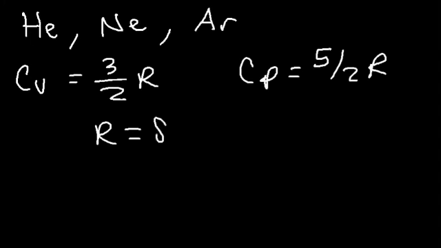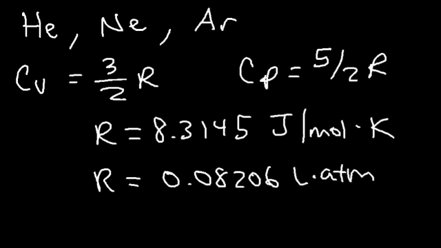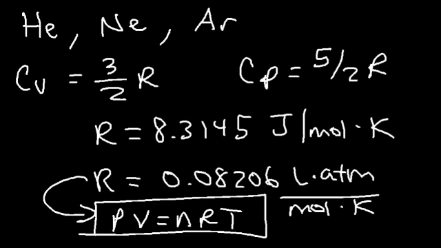For the most part, R is usually 8.3145 joules per mole per Kelvin. But if you're dealing with gases where P is in atm and V is in liters, sometimes you may use this equation. Typically, you may need to use this R value for the ideal gas law equation. PV is equal to nRT.